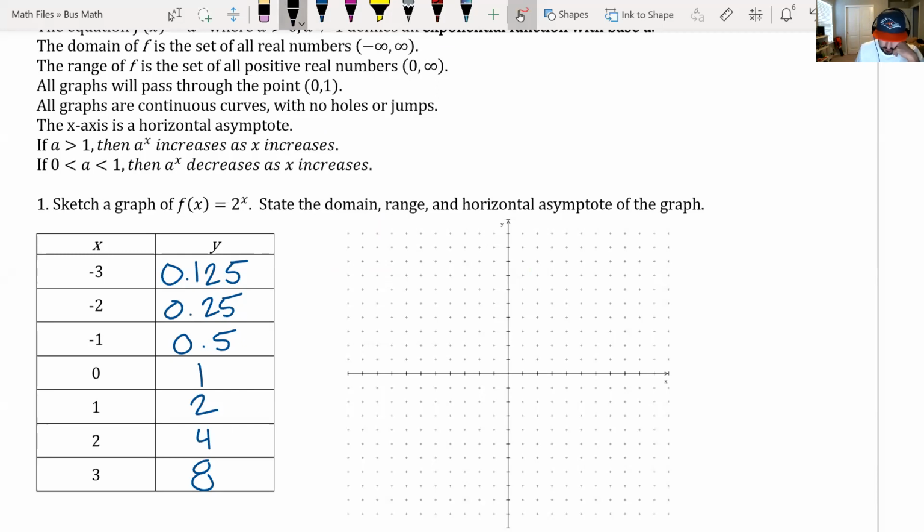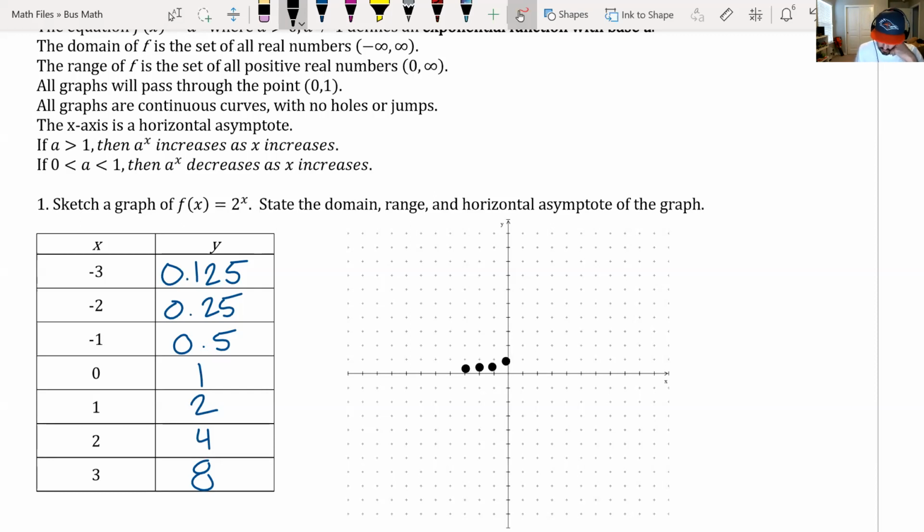I have my numbers, so let's go ahead and plot. At -3, you're at 0.125, so that's basically 0.13. You're just barely above the x-axis. Then at -2, you're at 0.25. Not much higher than the last one. Then at -1, you're at 0.5. A little higher. And then at 0, we are at 1.